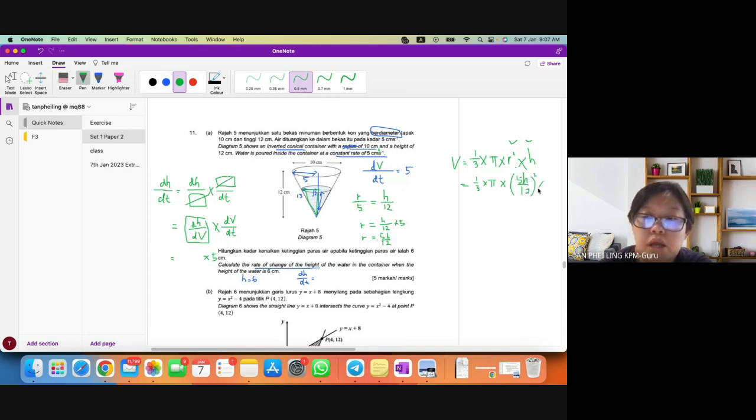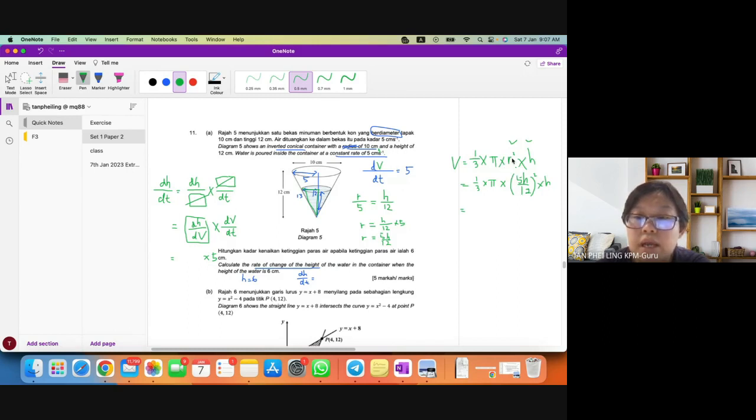I repeat, I hope that you understand. It's not up to us to decide. It's up to what the question wants us to find. From what they want us to find, we relate back to what is given, and what we can find out from the information. In this case, we need to find dv over dh. That's why I know that I need to keep my h and substitute my r.